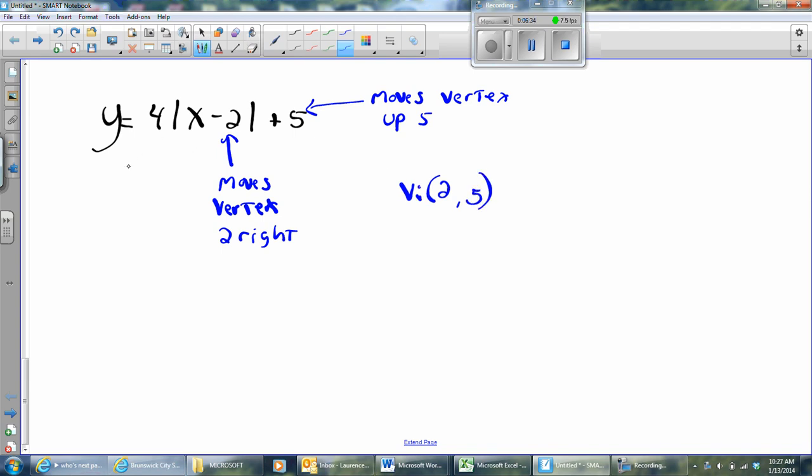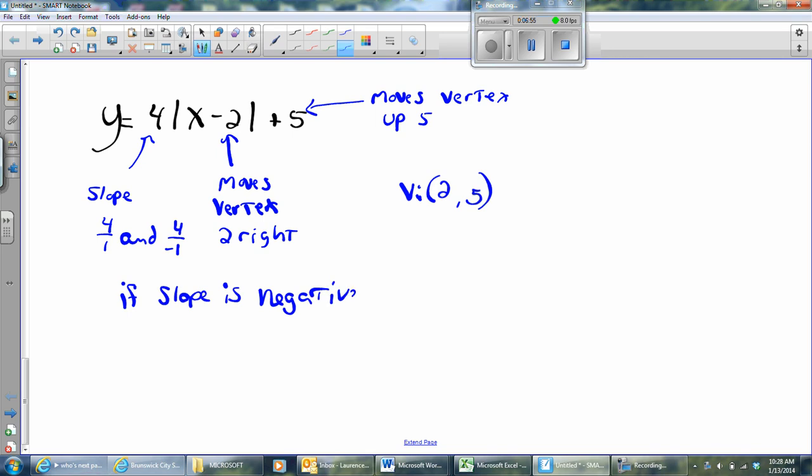Okay, now this is my slope, and I'll use 4 over 1. And to the left of the vertex, I will use 4 over negative 1. If the slope is negative, the V opens downward.